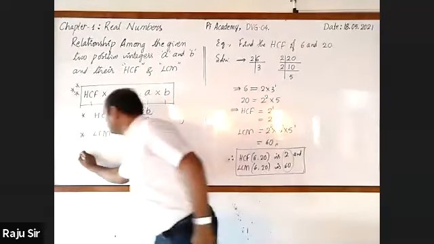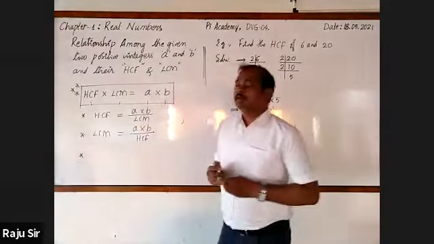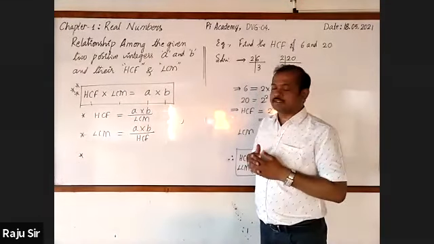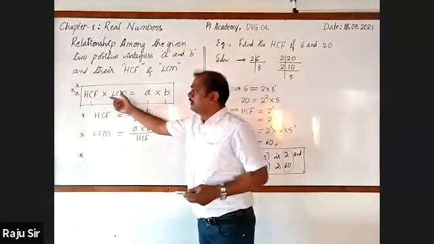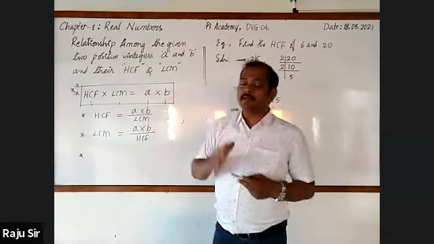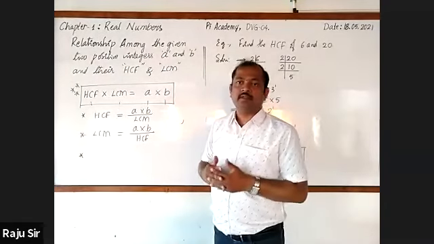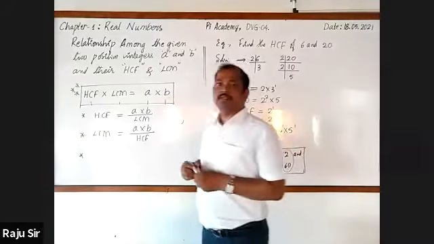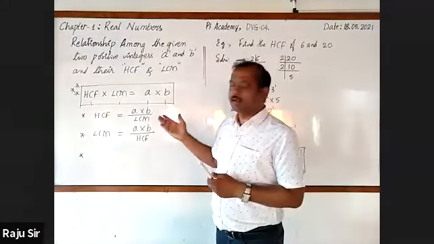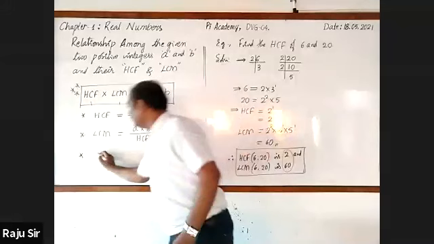Next, third statement. Another important case is when HCF and LCM of the given two numbers are there, and one of the two numbers is given. To find out the other number, we will go for using this way.